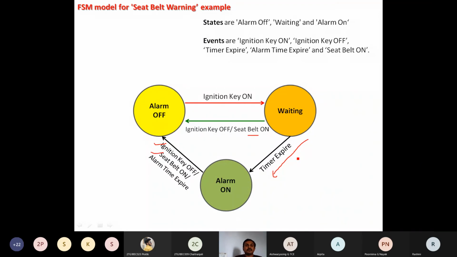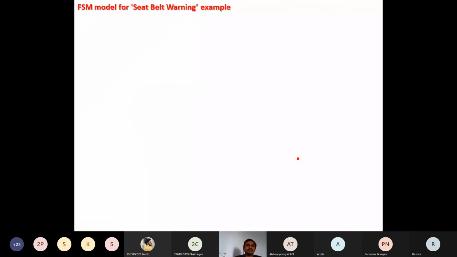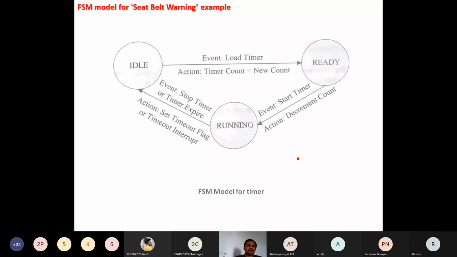Here it has two models. One is about alarm off, and another one is the timer. So what is that timer? Here you can observe the timer. The timer is idle, timer is on, waiting state. Nothing but timer is on, and it has to generate the timing events.